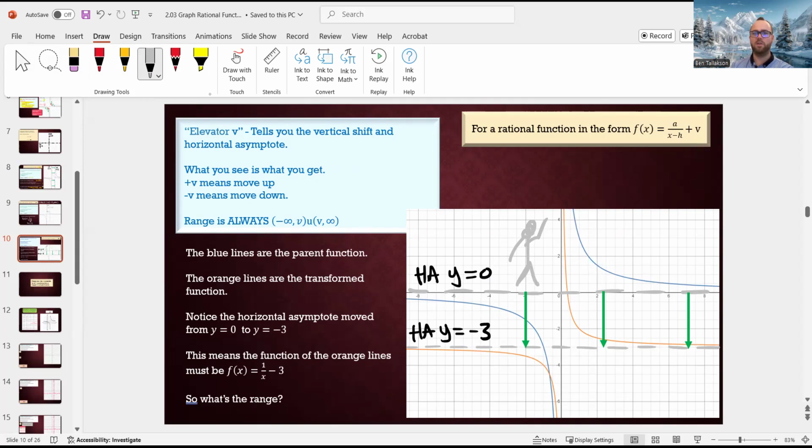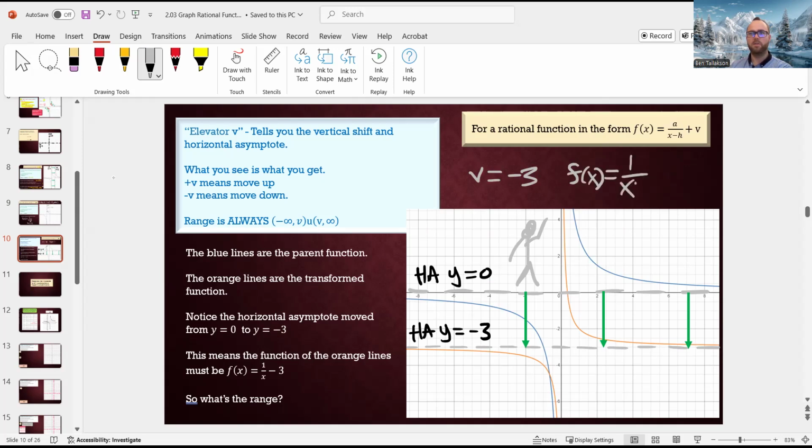It's a very straightforward value, okay? So if you move down 3, like you see here, you should expect v to be -3, okay? And that is absolutely true. So in this case, v is -3.